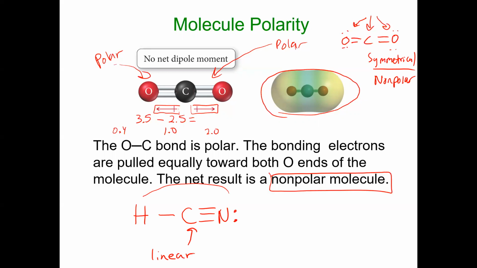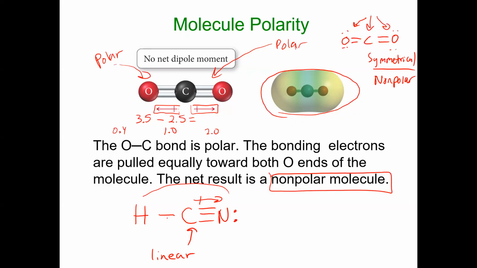If I look at this, I have a polar bond. Nitrogen is 3.0 electronegativity and carbon's 2.5. This is a slightly polar bond. So there is a dipole pulling towards the nitrogen. As a result, this has an overall net dipole.